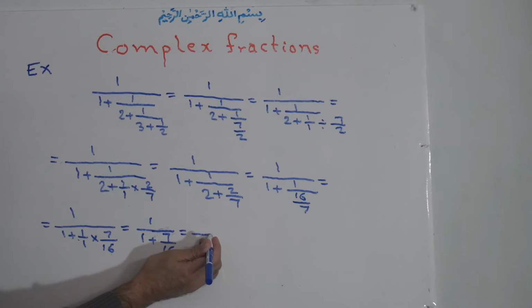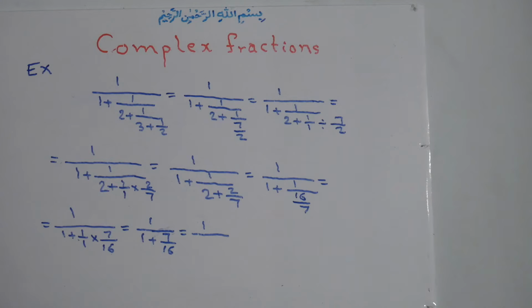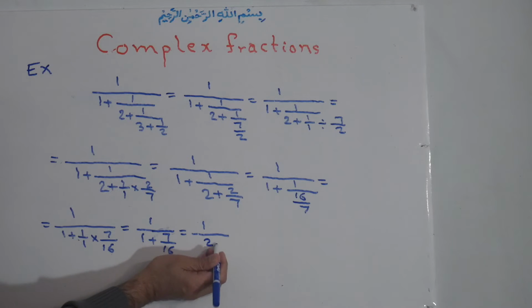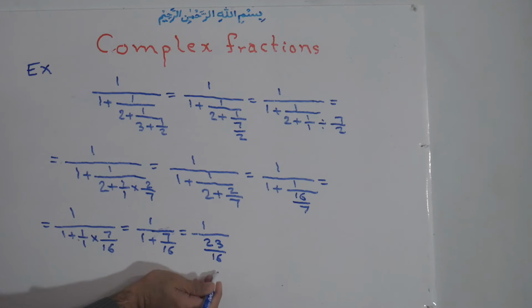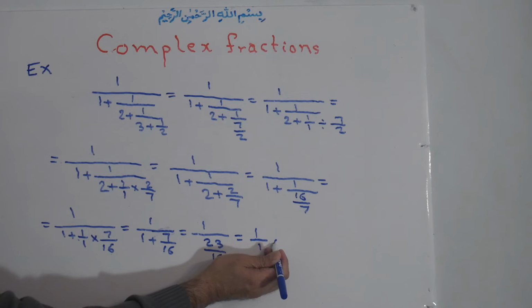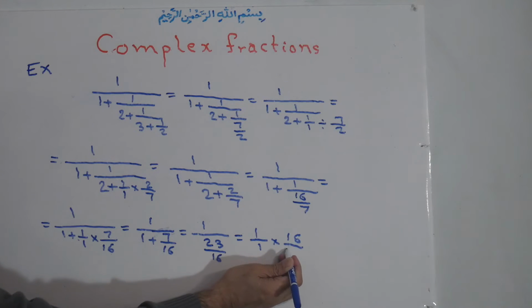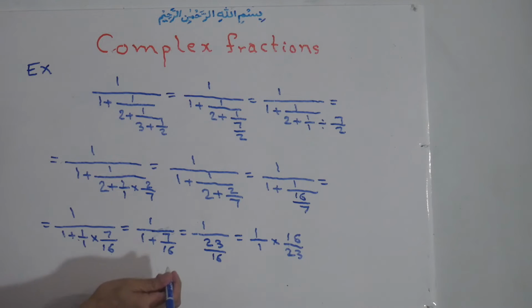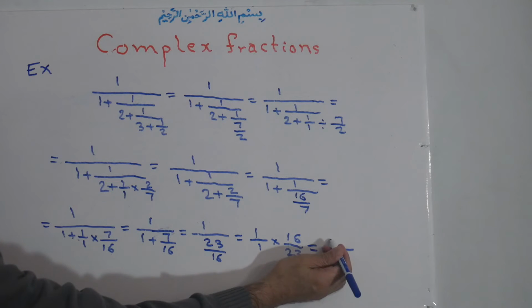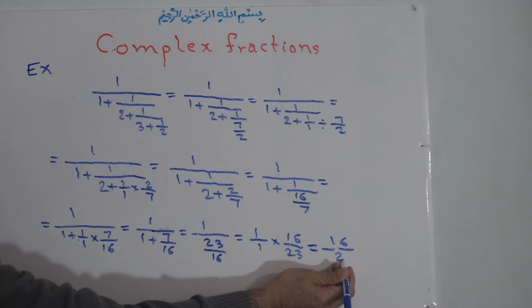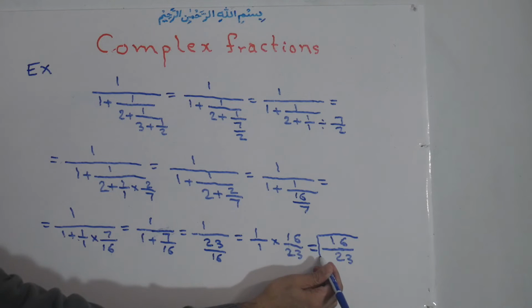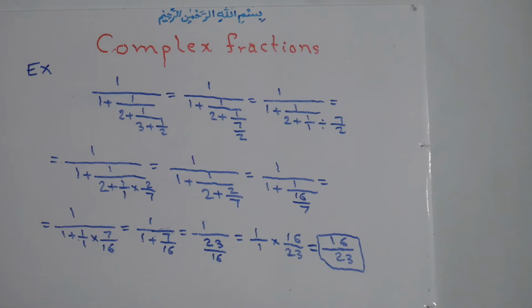That is equal to 1 over 1 plus 7 over 16. 1 times 16 is 16, 16 plus 7 is 23 over 16, equal to 1 over 1 times 16 over 23, and that is equal to 16 over 23. Our answer is 16 over 23.